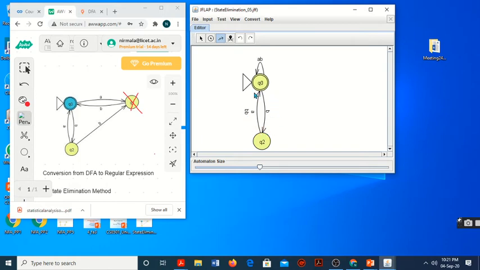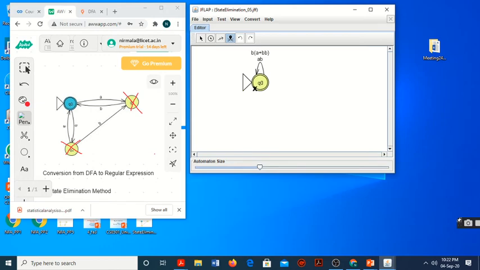This loop has to be represented as a self loop in state Q0. Therefore, if we cut this state Q2, then this has to be replaced with B followed by A or BB. This has to be made as a self loop and we can eliminate this state.